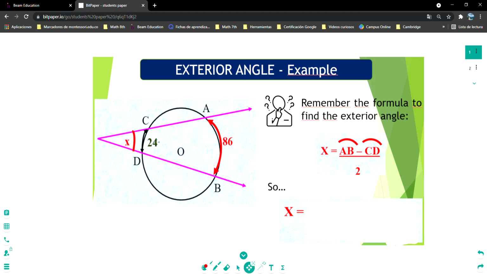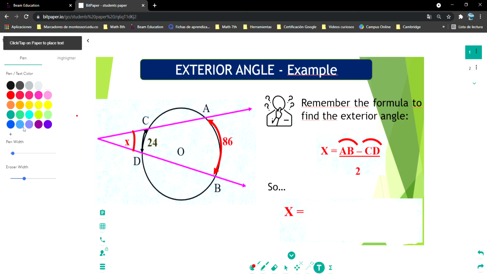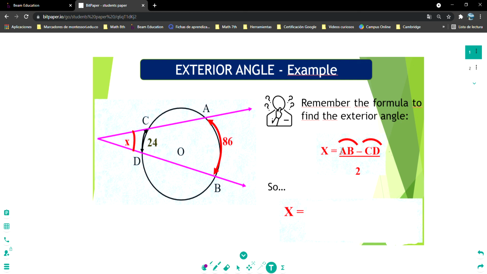So this is information that we already have. We have the arc AB, which is 86, so we just replace it here in the formula, so that will be 86 minus the small arc CD, which is 24 degrees, and that divided by 2, all right?